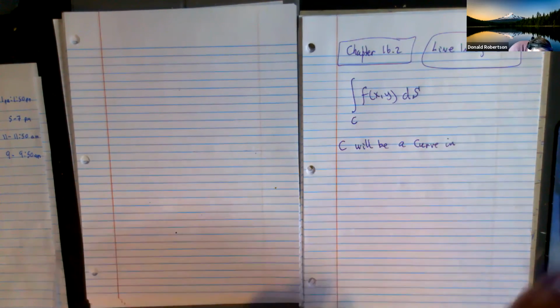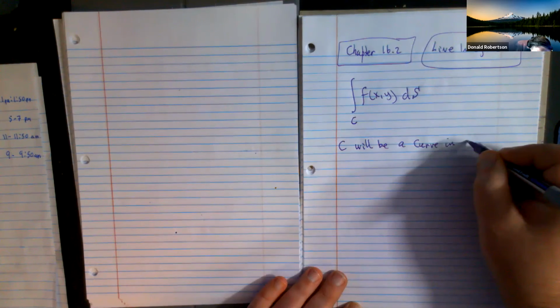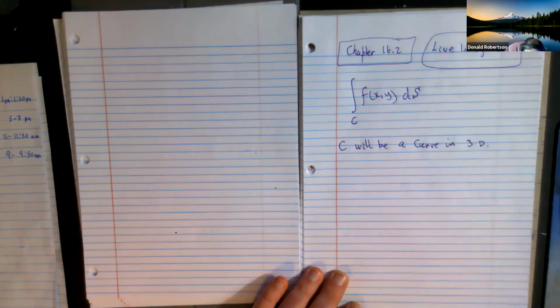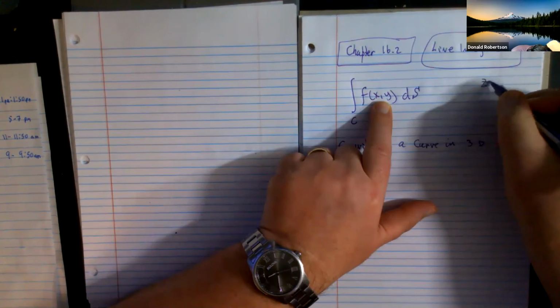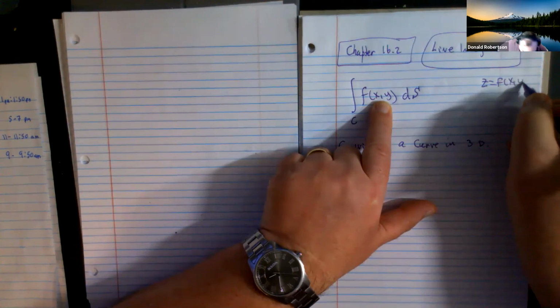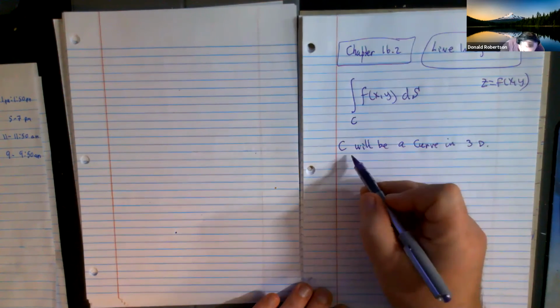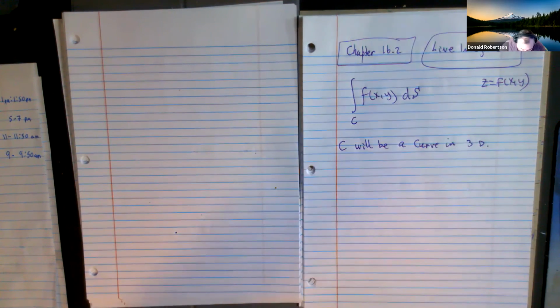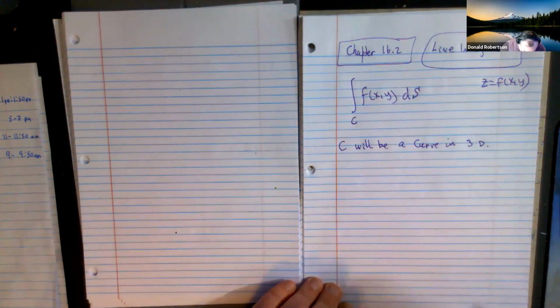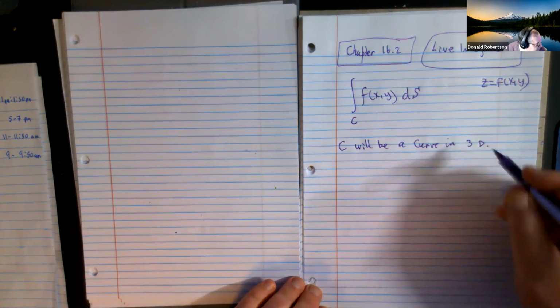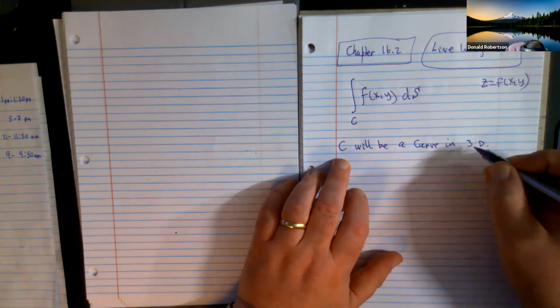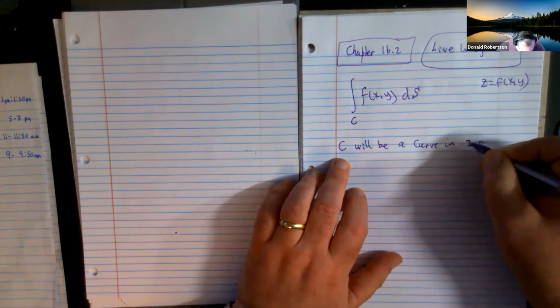In this particular case, it's in 3D. Why is it 3D? Because essentially you have a surface, right? And on this surface, C will be a curve in 3D. And you're going to integrate it over this curve in, well, technically, I should say 2D. My apologies.